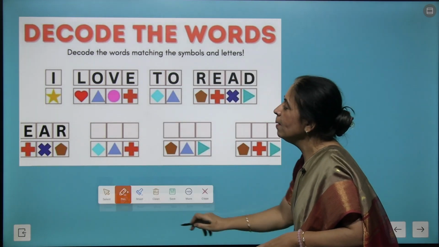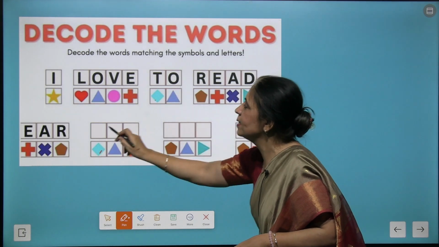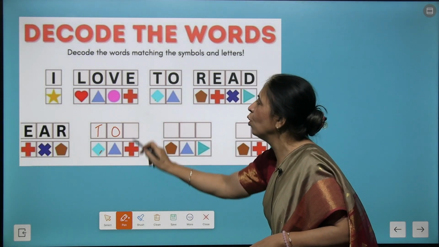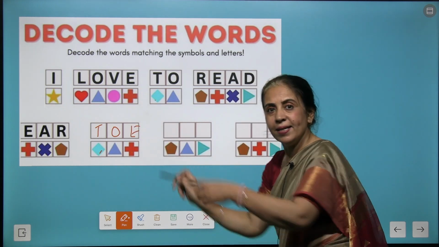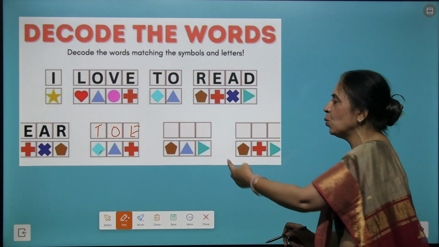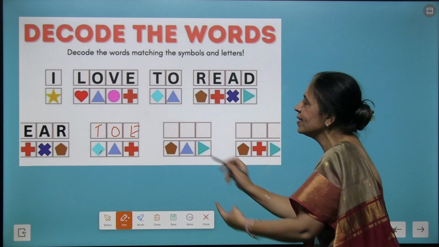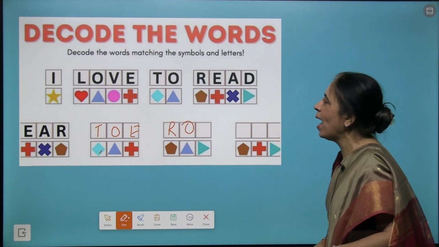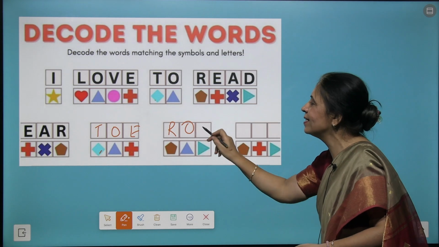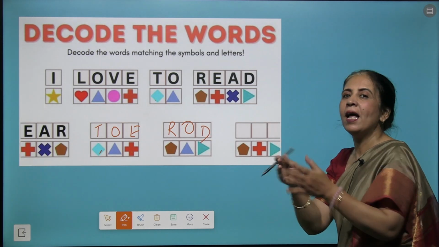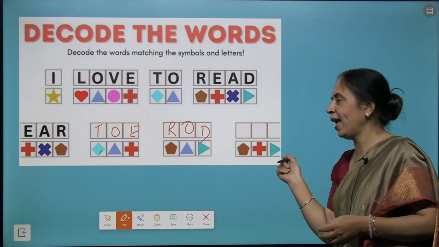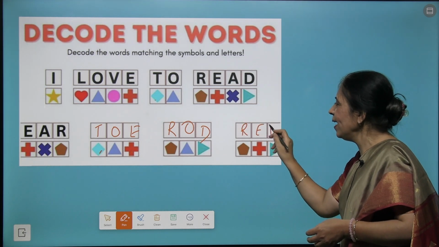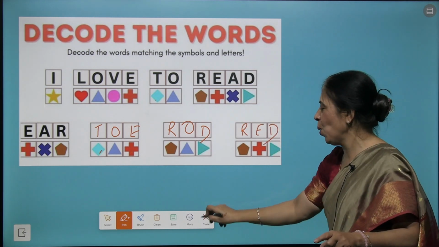So could you see that this represents T, then we have O, followed by E. Yes, that's toe. Can you help me find out what this is? R, wonderful, followed by O and then comes D, beautiful. And one more on your way is again R, E, D, great going.